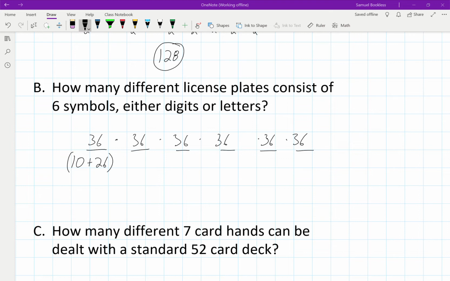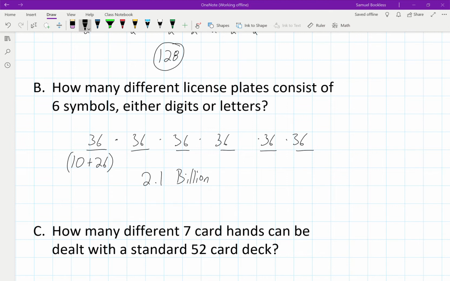Again, I can say, okay, well, 36, and I can multiply it 6 times, or I can just say to the 6th power to get that answer. And so let's see here. I'm just going to say 2.1 billion.